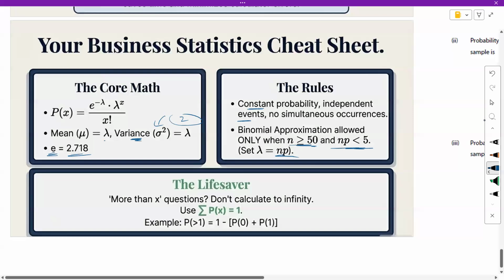It's a lifesaver, an approximation of binomial by Poisson distribution. For more-than-x questions, don't calculate to infinity, use the complement. Example, probability of more than 1 equals 1 minus probability of less than 1, that is probability of 0 plus probability of 1.